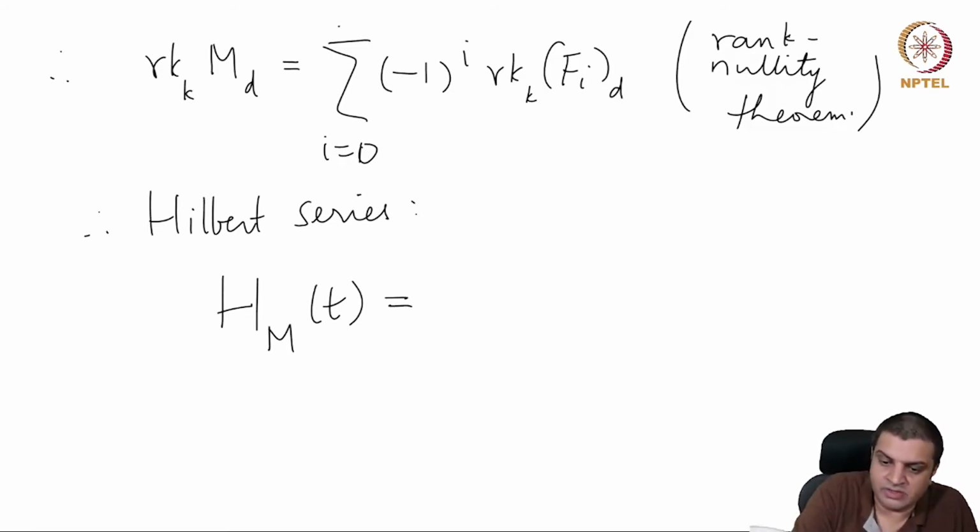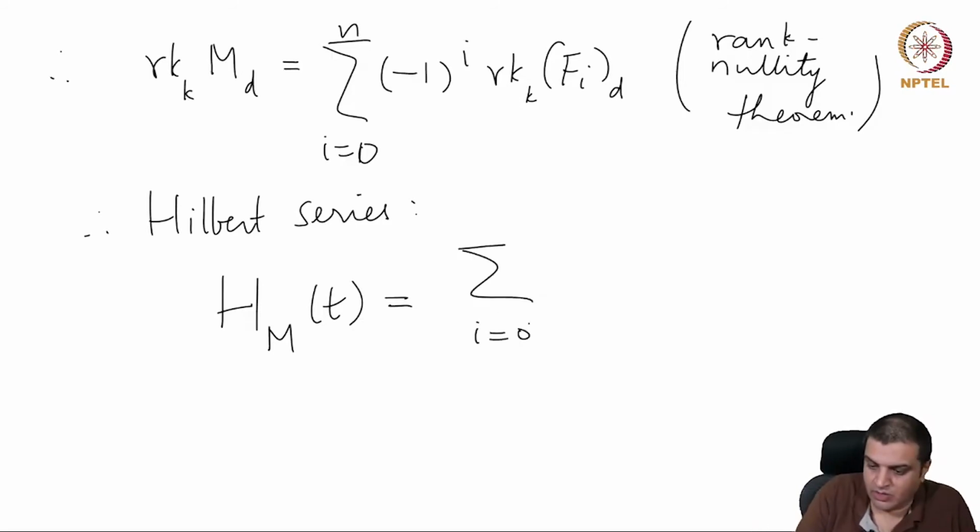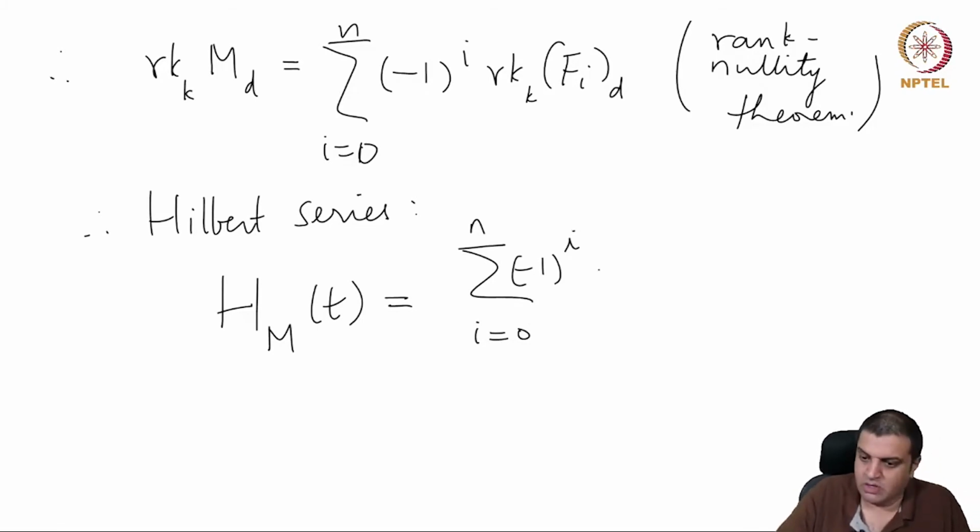Sorry, this is not d, this is n. I goes from 0 to n, (-1)^i times the rank of F_i. Again, we multiply this by t, but then when we sum up, we sum for each i. We're changing some order of addition and sum, but we're not worried about convergence, so it's just a formal sum. So this is H of F_i.